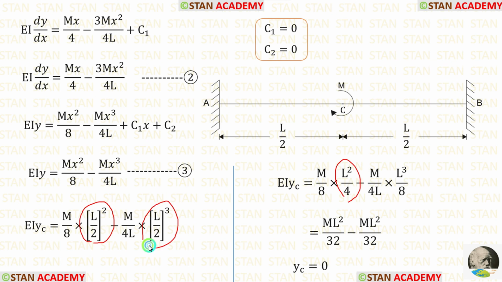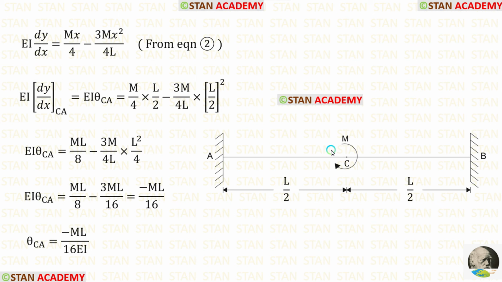L upon 2, the whole cube, we will get L cube upon 8. Then let us eliminate L. Here it will be square. 8 into 4, 32. 4 into 8, 32. ml square upon 32 minus ml square upon 32, we will get 0. So the deflection in the point C is 0.